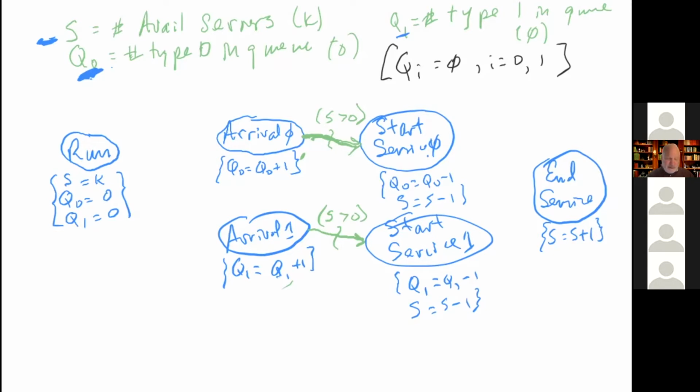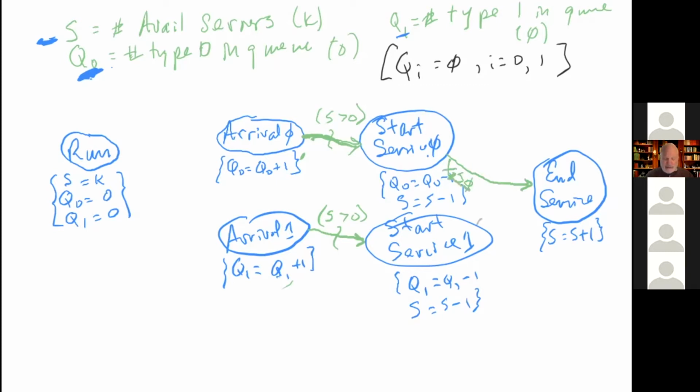Okay, so now let's look at when I start service on a customer of type 0, I can schedule an end service with a delay of a service time of 0. And this is important here, because this is the delay for a customer of type 0.